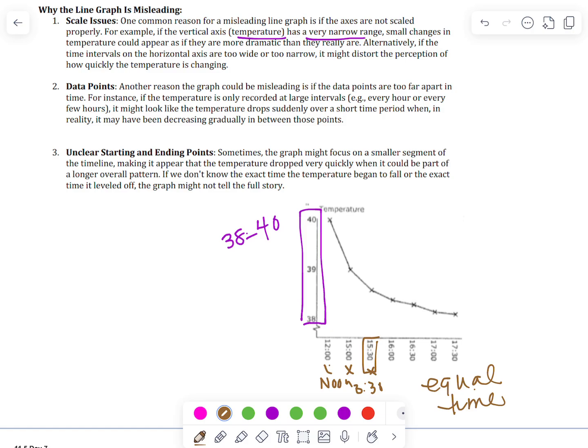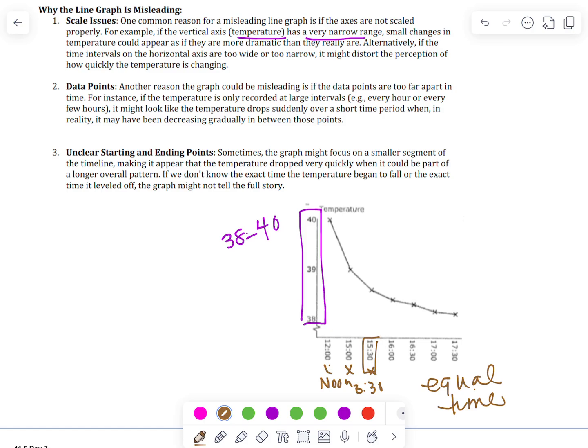Data points. Another reason the graph could be misleading is the points may be too far apart in time. For instance, if the temperature is only recorded at a large interval, like every hour or every few hours, it might make the temperature drop suddenly very quickly over time, where in reality it's just slowly decreasing. Unclear starting or ending points.